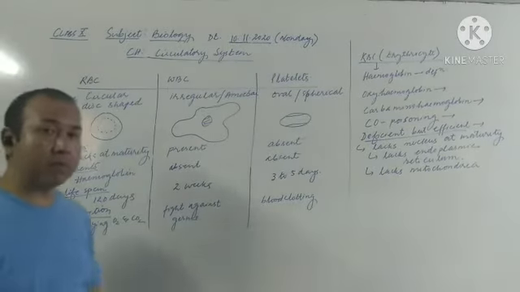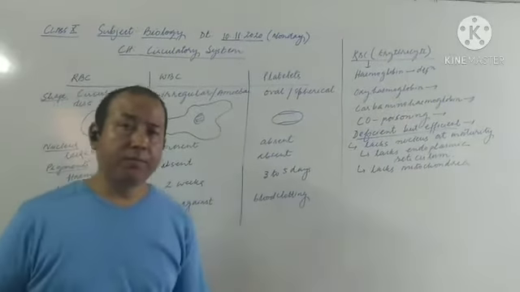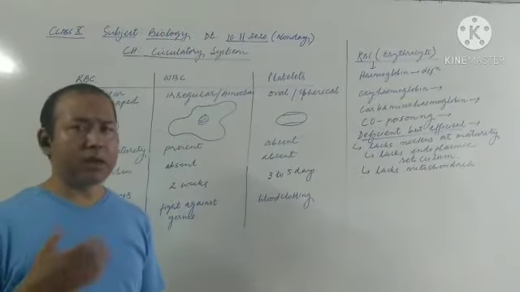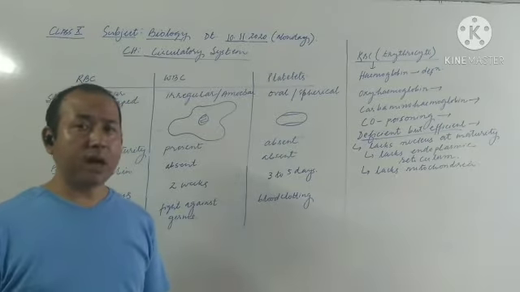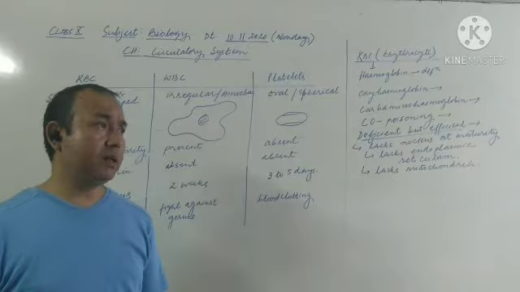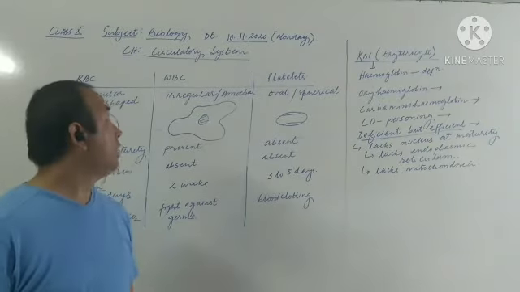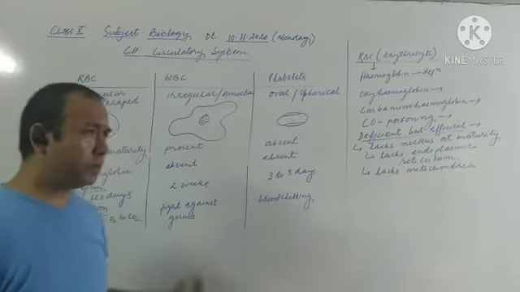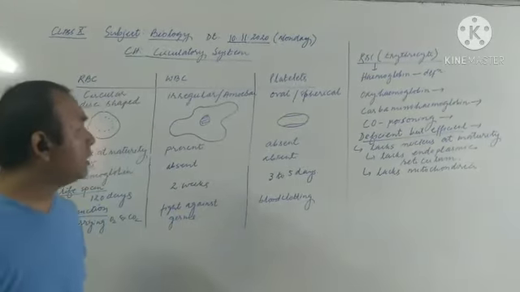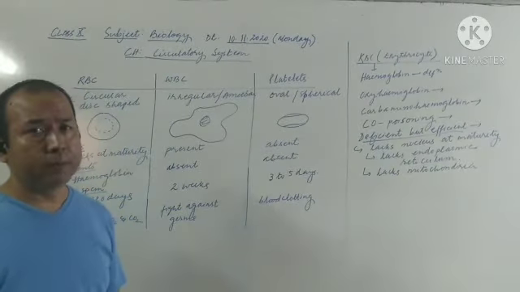Now, if you compare in terms of their lifespan, the RBC life cycle completes within 120 days. After 120 days, they die and are destroyed in the liver. Whereas the lifespan of WBC is about 2 weeks, and platelets may remain alive for 3 to 5 days.